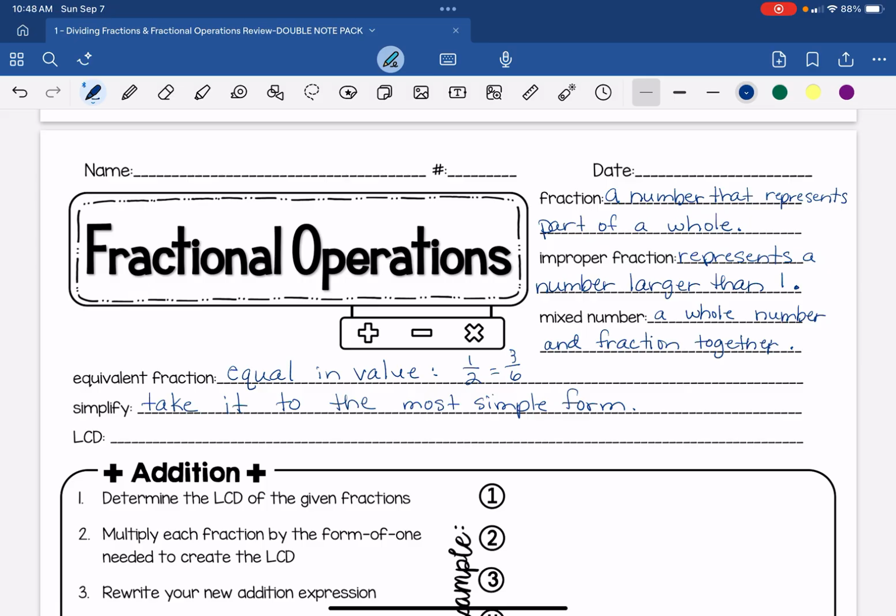So if you had 3/6, the simplest form is going to be 1/2. That's as small as I can go.